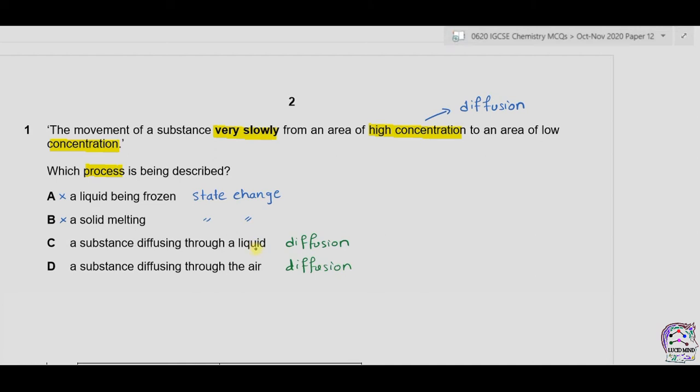Now we know that in liquid, the molecules have less movement as compared to the air, because in air, the molecules have very random motion and very fast movement. So in liquid, diffusion will be slow as compared to the diffusion in gases, which will be very fast. So correct option is therefore C.